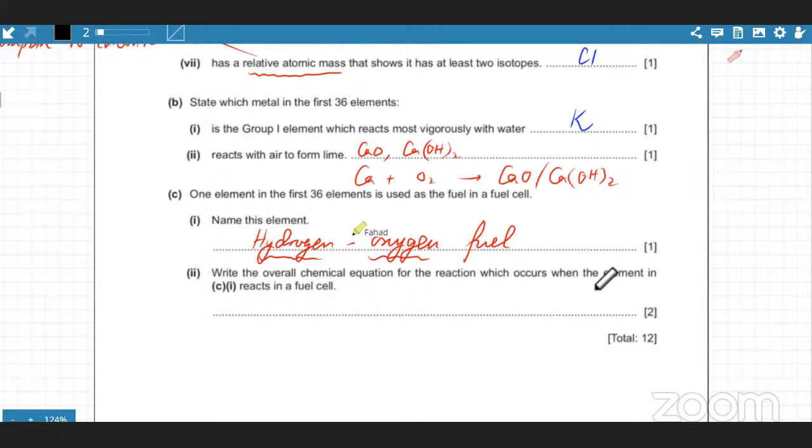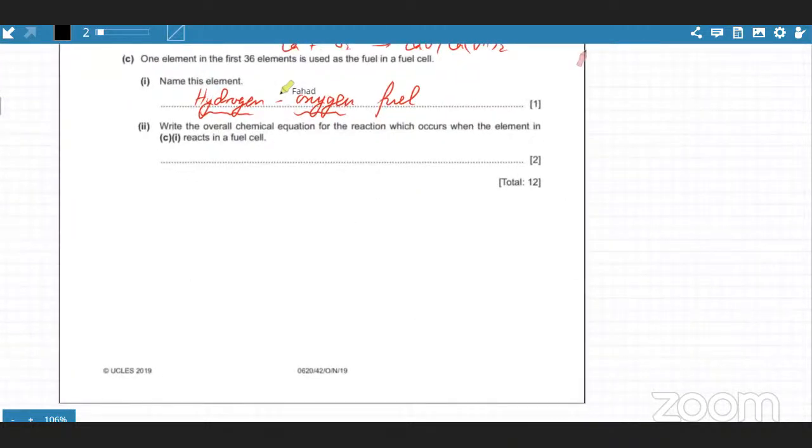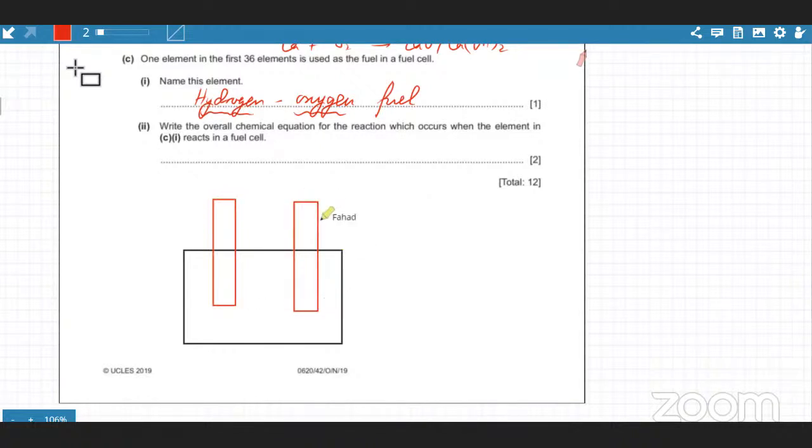Write the overall chemical reaction which occurs when the element in C1 reacts in a fuel cell. I'm just going to briefly describe what a fuel cell does. Let me draw the fuel cell first. There are going to be two gas jars, and gases would be entering these compartments.